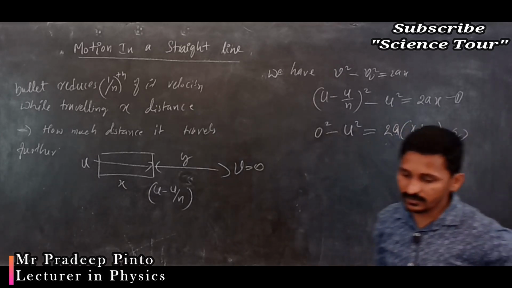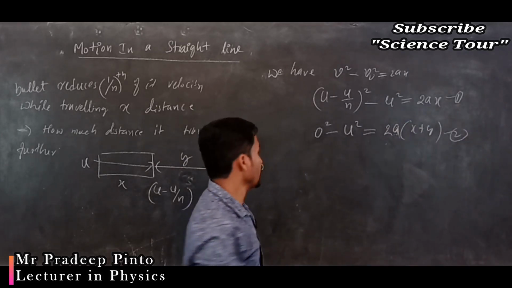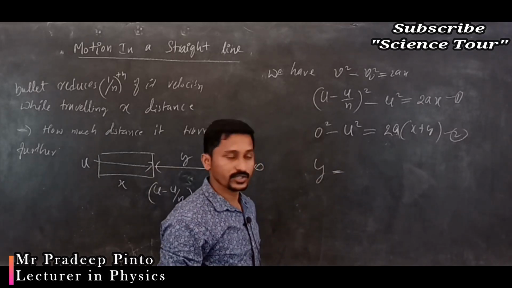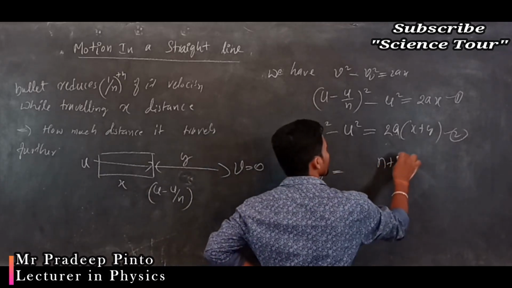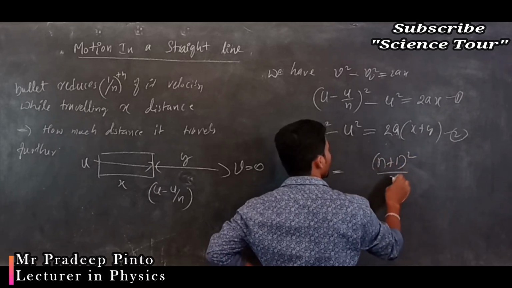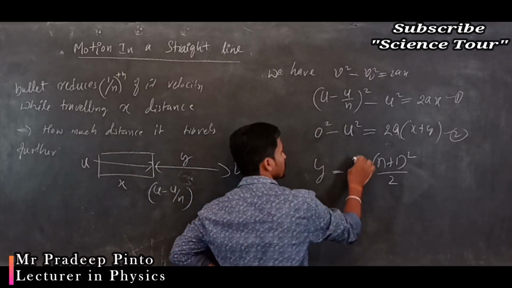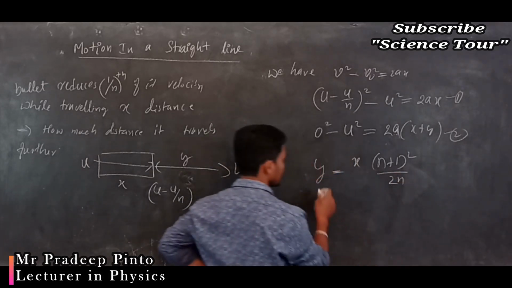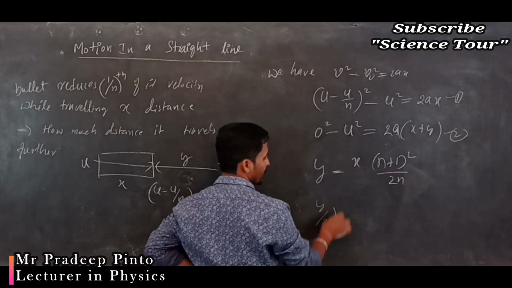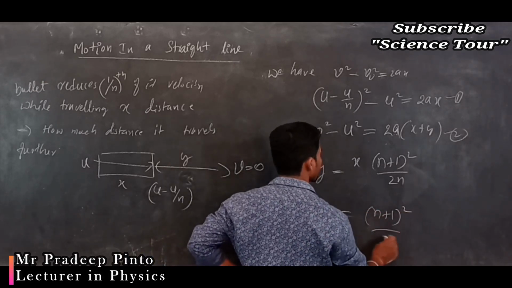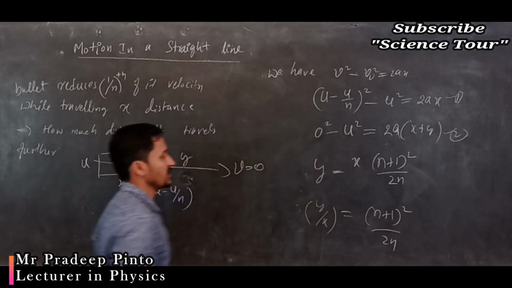Now what is the answer you are going to get? That is, y distance is nothing but n plus 1 whole square divided by 2n, or else the ratio y by x is equal to n plus 1 whole square divided by 2n, in this way.